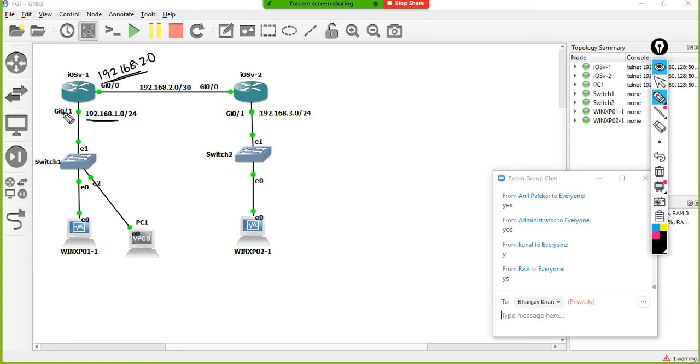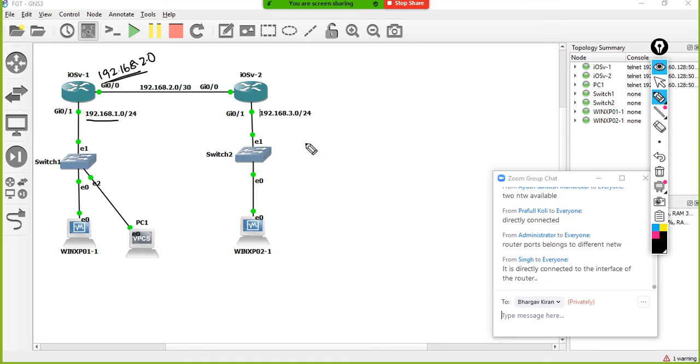What did you understand by seeing that? They are the known networks. Your router is saying, buddy, at the moment I can reach only these two networks. Right or wrong? That's what you understood, right?